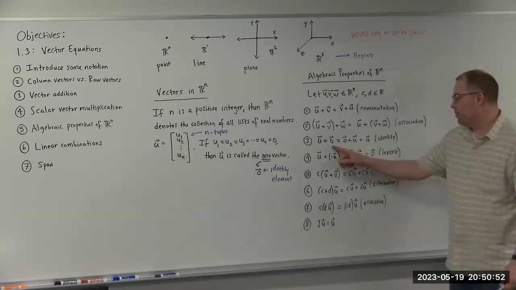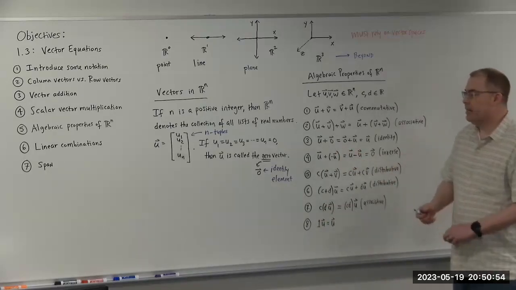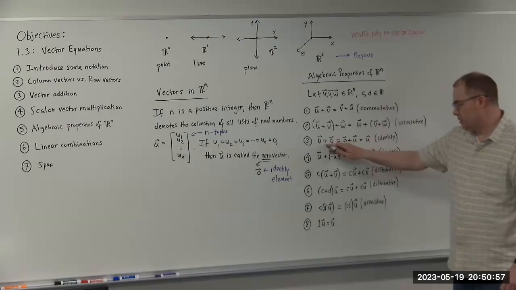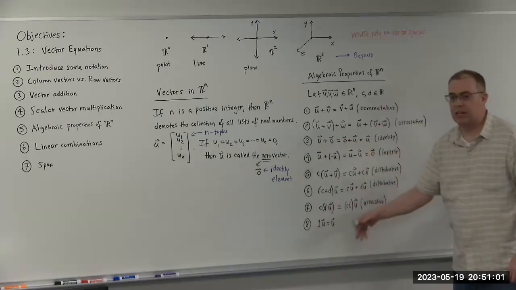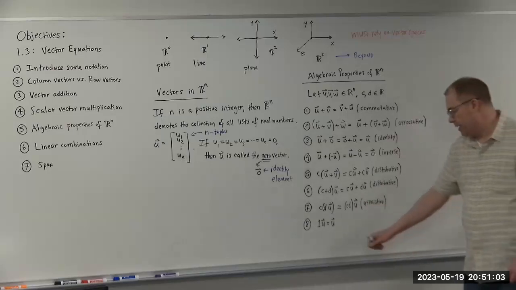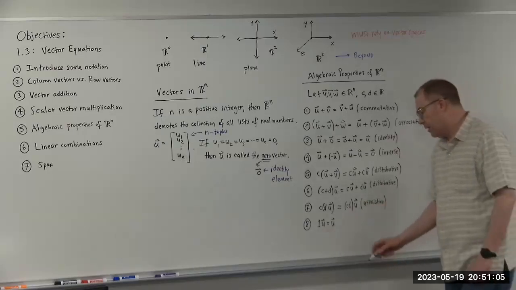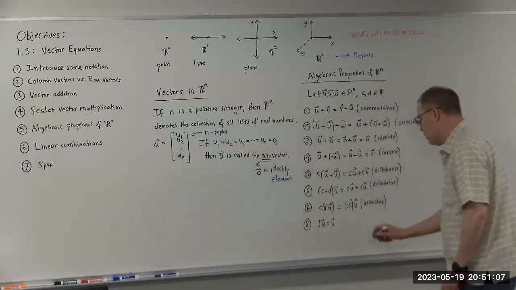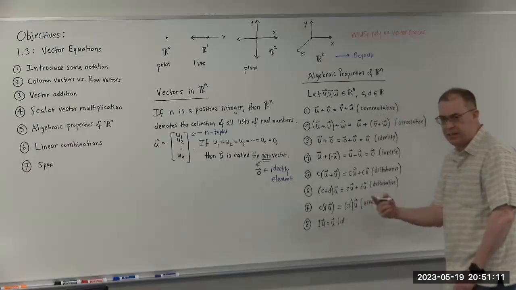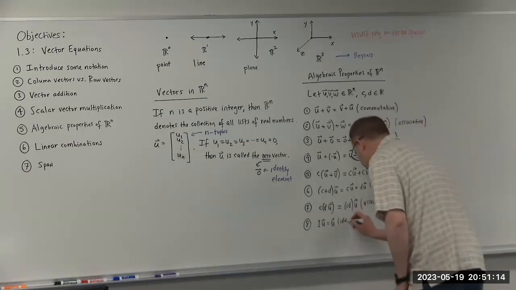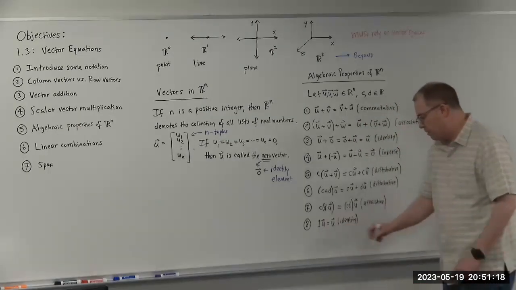Under addition, 0 is acting as the identity element, while here 1 is acting as the identity element, because 1 times u just gives you back u. It preserves the vector u. So this is also called the identity property, where 1 is the identity element. And remember, this is for scalar vector multiplication.